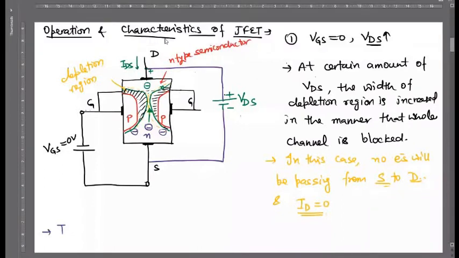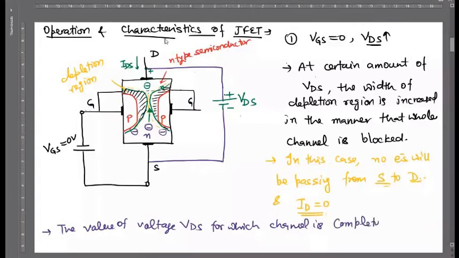The value of voltage VDS for which the channel is completely closed is called the pinch off voltage, and this will be denoted by VP.